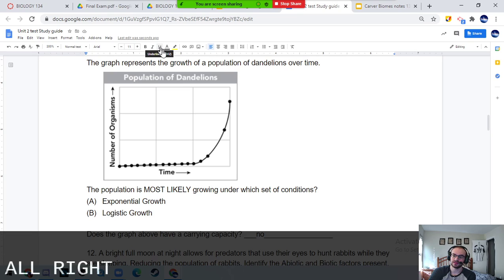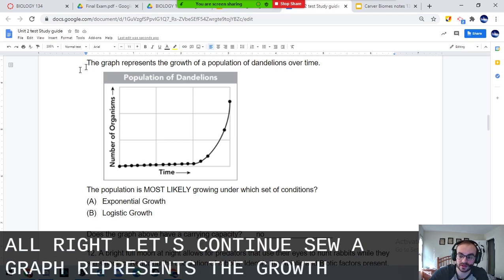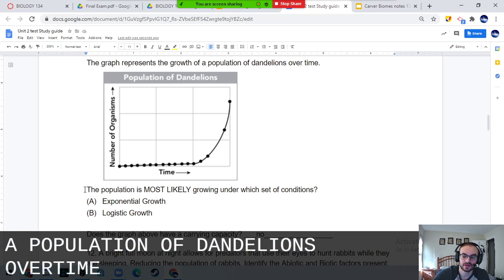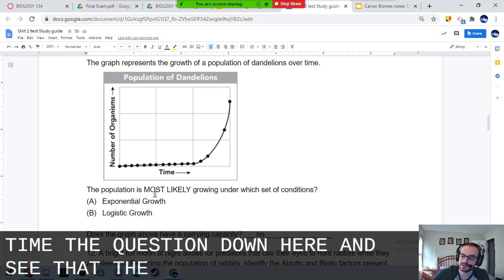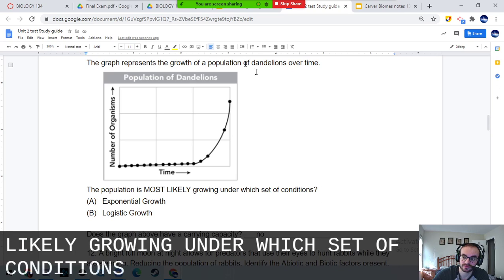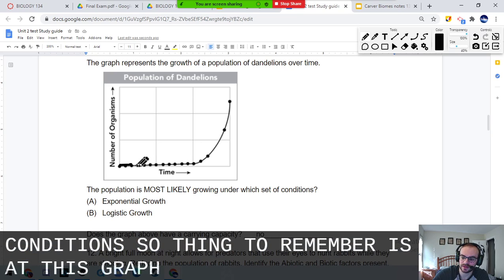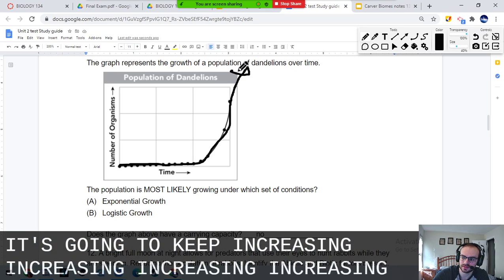All right, let's continue. So the graph represents the growth of a population of dandelions over time. A question down here, you can see that. The population is most likely growing under which set of conditions? So, thing to remember is that this graph has a J curve to it. It's going to keep increasing forever.